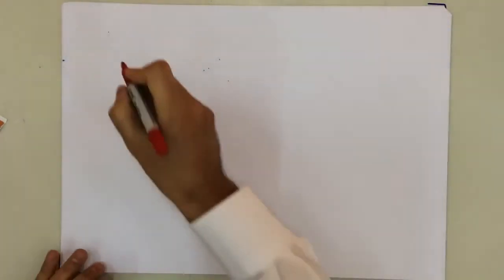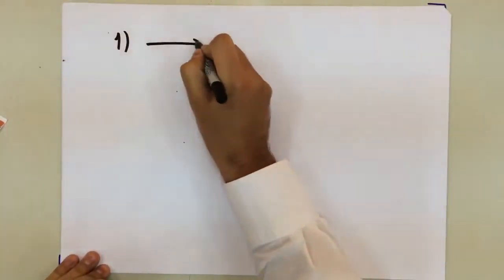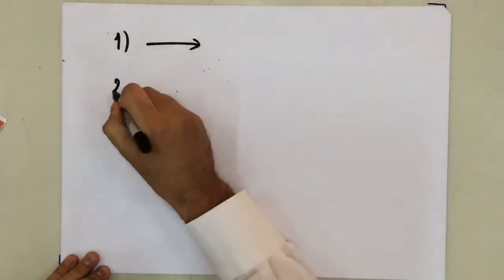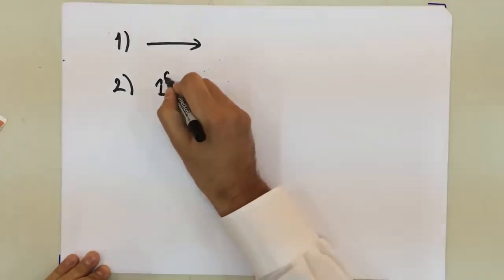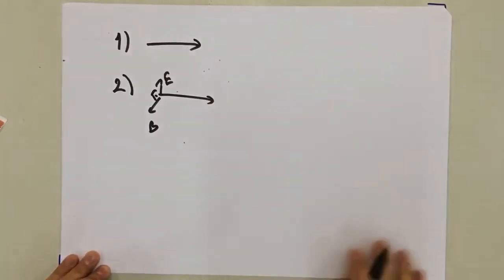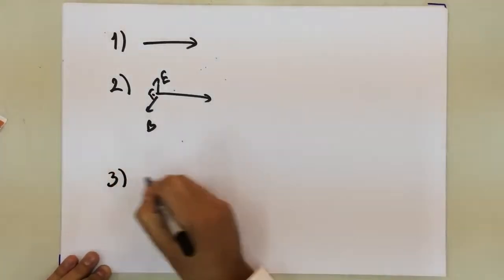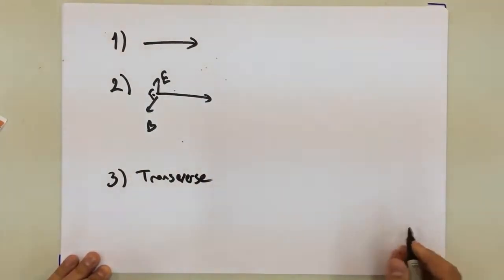Let's remember them. First one, they are straight lines. The second one, they contain both electric and magnetic fields. They are perpendicular to each other. The third one, they are transverse waves.